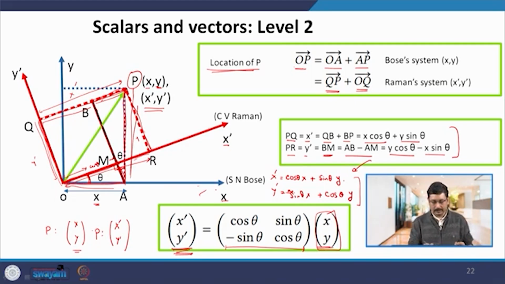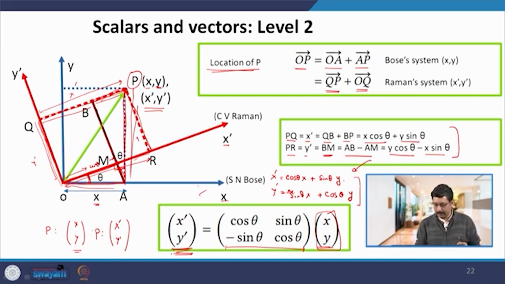In other words, suppose I know the coordinates of the point P in the blue system, and I want to know what will be the coordinates of the same point P from the same origin O if we choose a different coordinate system, that is the red coordinate system.